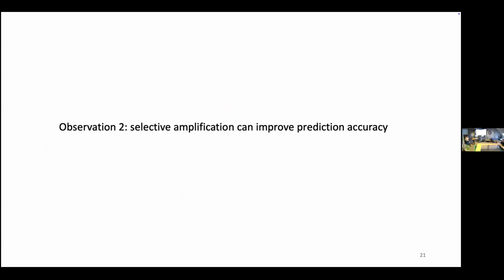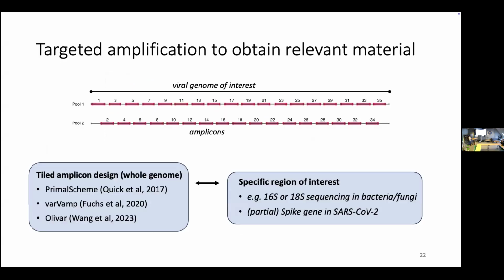And then in doing these experiments, there was another observation, namely that selective amplification can improve our prediction accuracy. So now we're also coming back to some of the discussion earlier, where we have to amplify the material in our sample, or at least this is the standard approach.